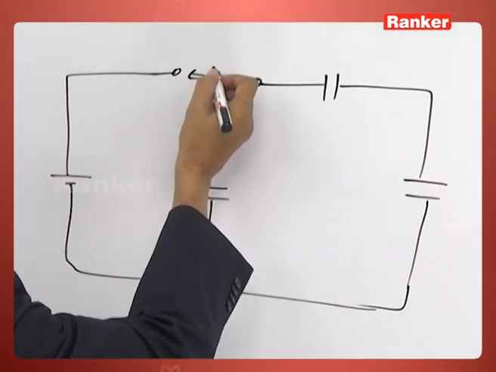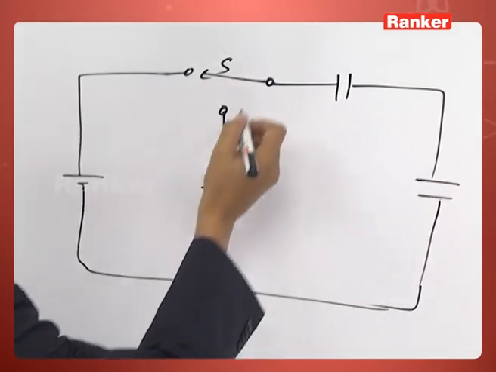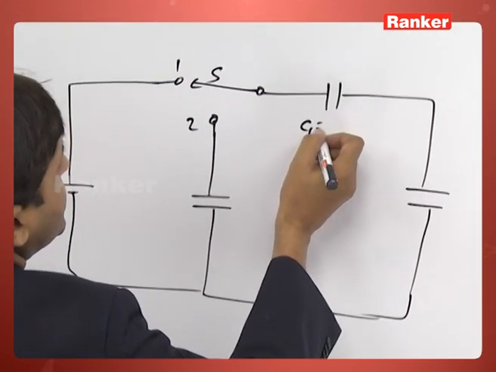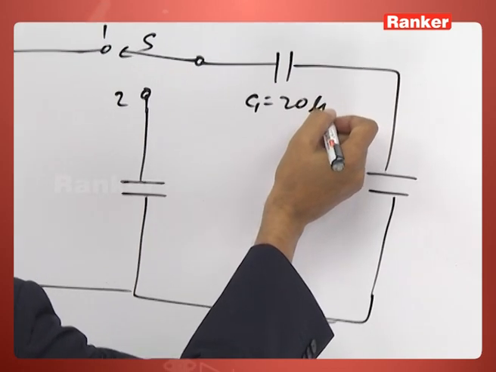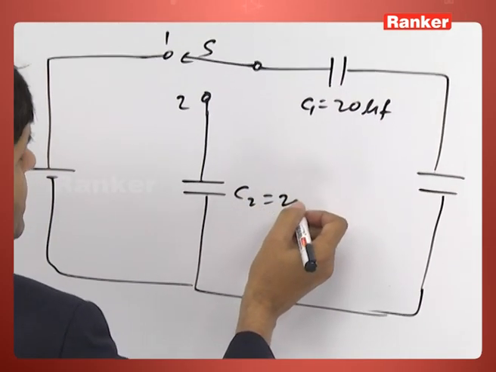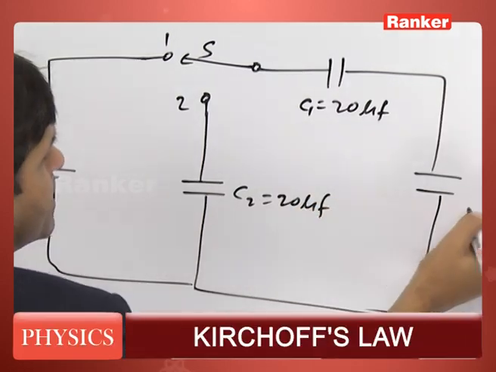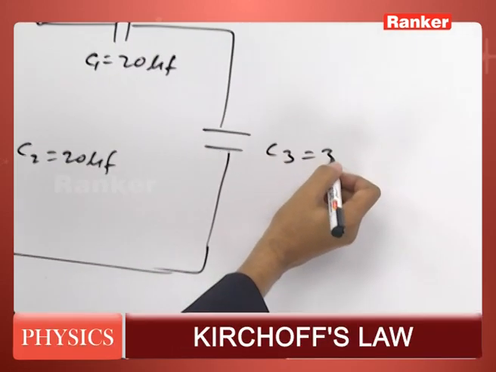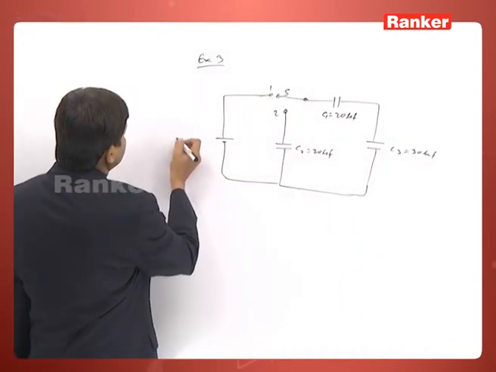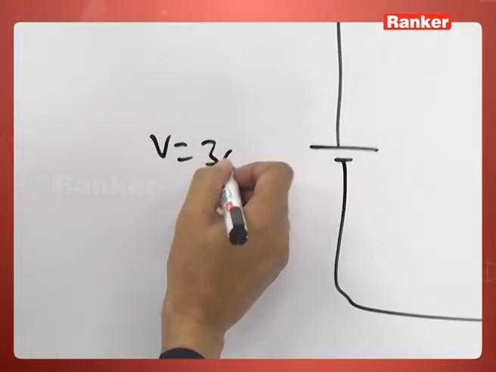This is your switch S, and the capacitance of these is 20 microfarad. This is also 20 microfarad, and this is your 30 microfarad, and the EMF of the cell is 30 volt.